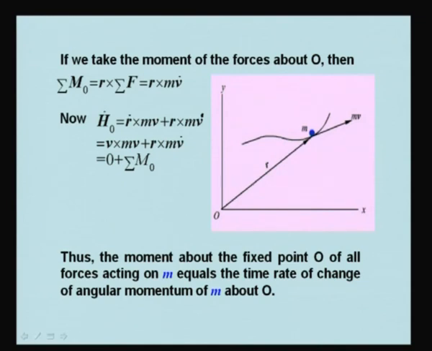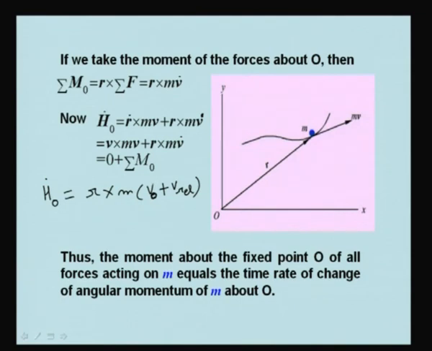But there, R is a fixed point. Or, if that point has some acceleration which is in the direction of R, then also this holds good. Suppose you have a point O, H dot O is equal to R cross M times the velocity of that particle, which I indicate by VO plus VL.